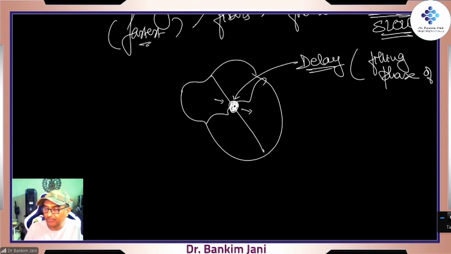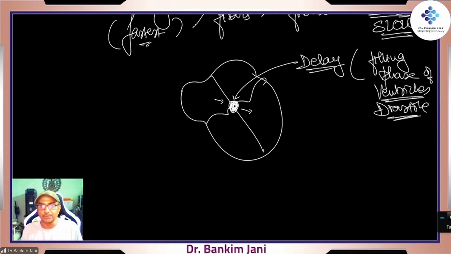The filling phase of the ventricles, which we technically call diastole, is when the heart is getting filled. Once it is filled, the gun is loaded, the preload is ready, and it will contract. And then starts the systole.